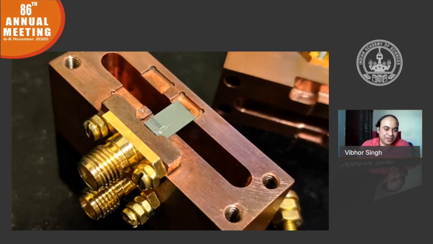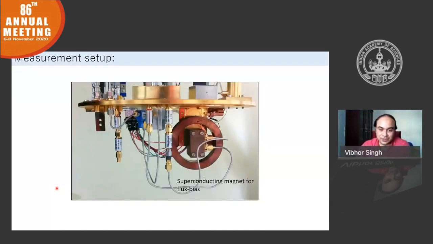On this metallic box, we also add a bunch of microwave connectors so that we can send in microwaves and see what comes out. Okay, so this is the structure of the device. The entire thing then gets inside a dilution refrigerator, cooled down to 10 millikelvin. We have placed a very small superconducting magnet here to flux bias the squid loop. Okay, and these are the microwave cables with lots of filters, which bring in and take out the signal.